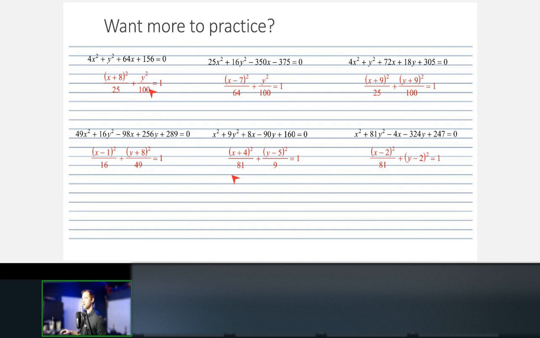So if you want to practice going from standard to general, just start here and do the math, the steps, to see if you get back to the general form. If you want practice going from general to standard, start with this, do the math, to see if you can get down to the standard form. Here are the 6 extra practice if the modules are not enough for you.